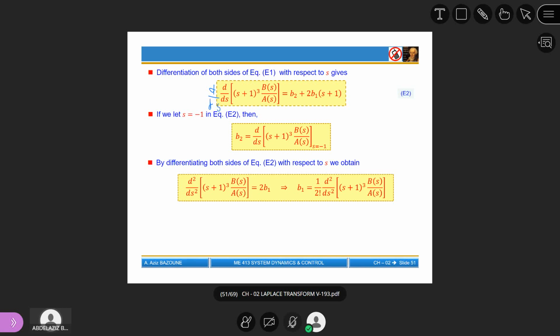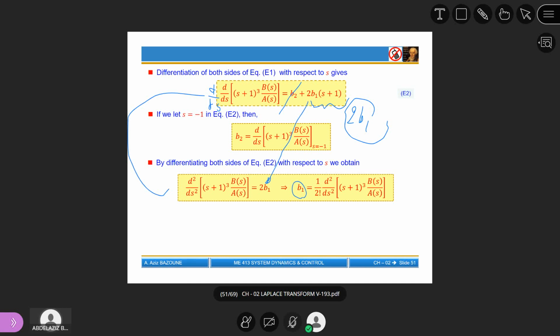If you differentiate with respect to s, this term will be 0, and this one, when you differentiate it with respect to s, will be 2b1. Is that right? So 2b1 will be equal to 1 over 2 factorial times the second derivative.